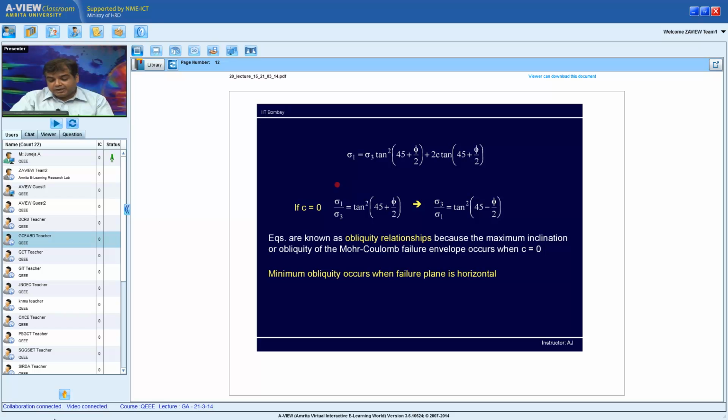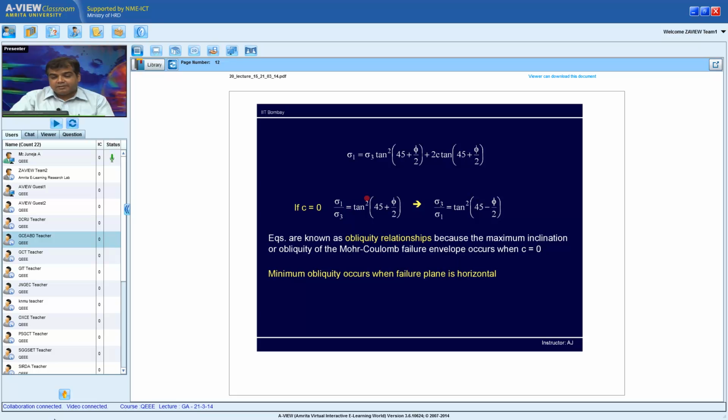If you want to remember this term, what it means is that it gives you the maximum slope of the failure envelope when c equals 0.